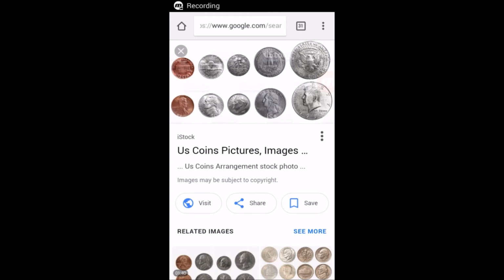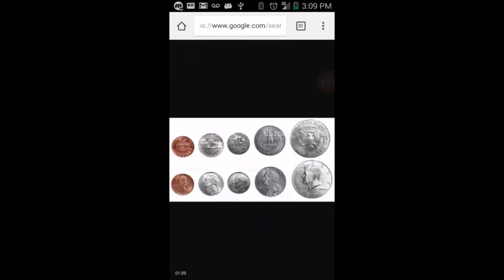So I'm going to show you guys some images of coins, and I want you to try to peep out what's going on. Now, don't pay attention to the top coins. Matter of fact, let's section off the image. The top coins are the same as the bottom coins.